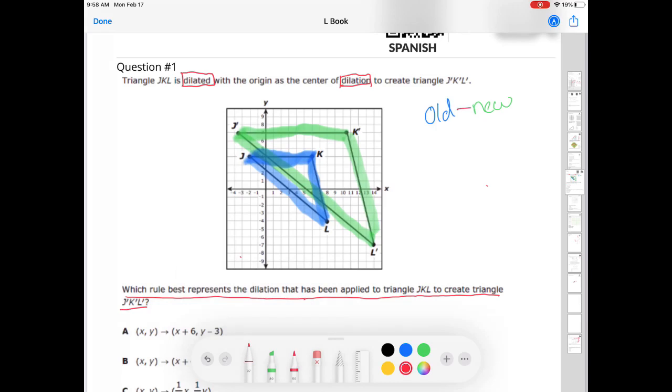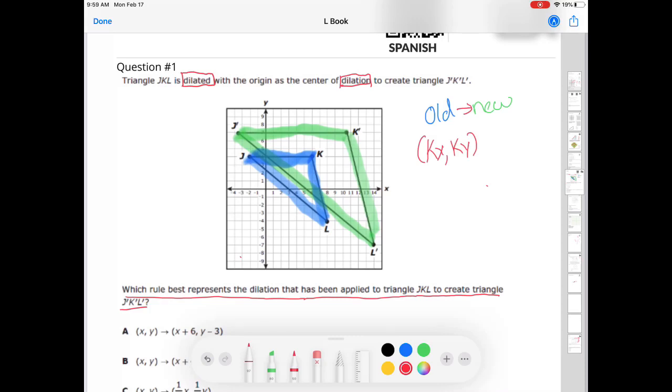Now, from my blue triangle to my green triangle, what has happened is it's gotten larger, it's enlarged. So let's remember back to my rules for dilation, which I will write out. First of all, it needs to be in this form, kx, comma, ky. That means you're multiplying k times the x variable and k times the y variable.